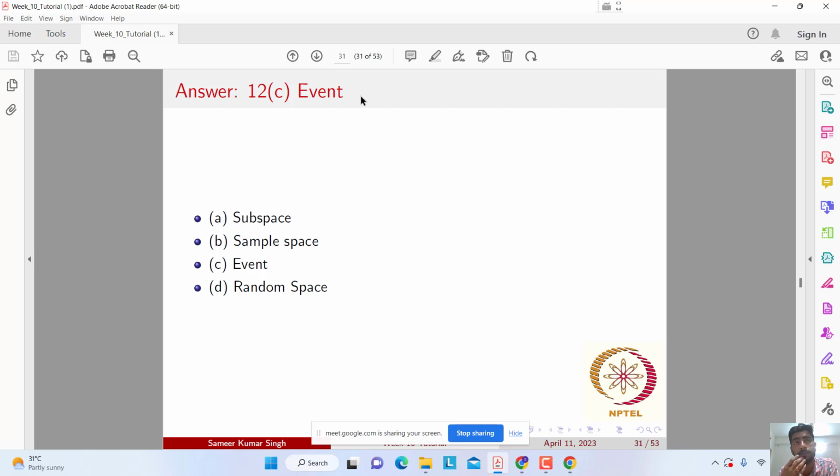Make a set of the even numbers. What would be the answer? 2, 4, 6. So if you define the event, any subset of the sample space is known as an event.